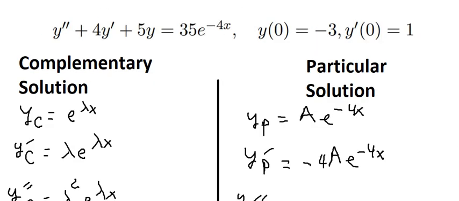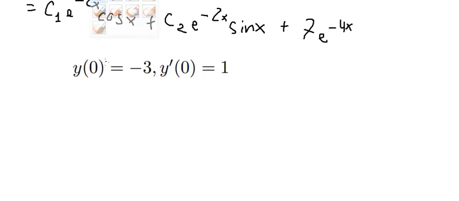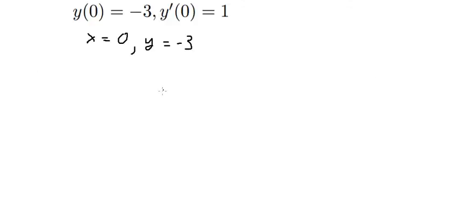Now we have the conditions. For the first one, when s equals 0, y equals negative 3. So we put 0 here, here, here, here, and here. So we have the first equation.